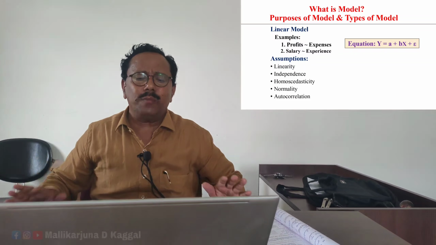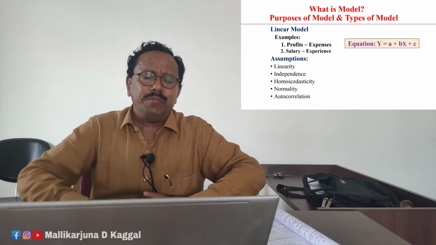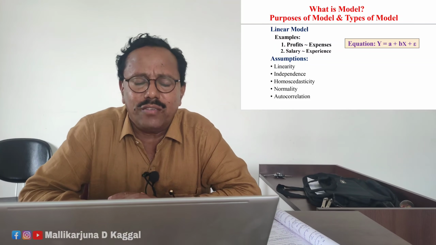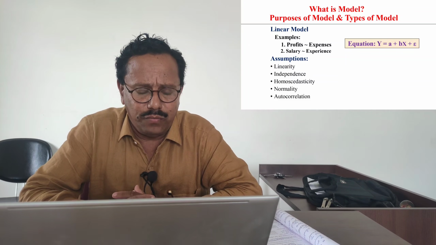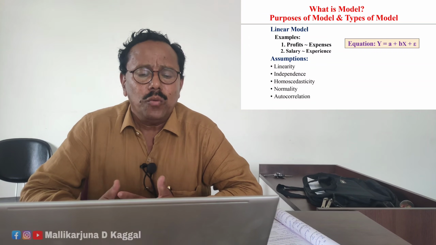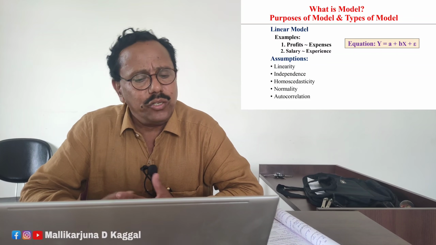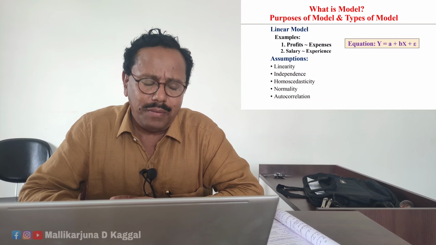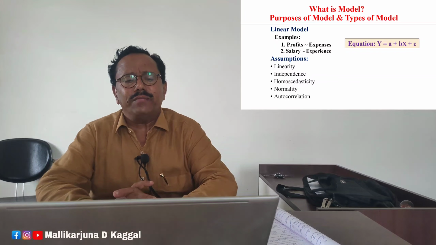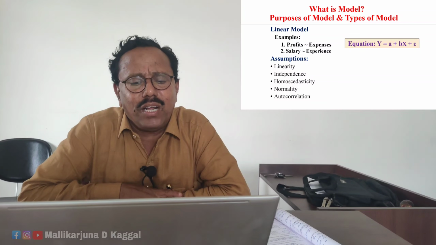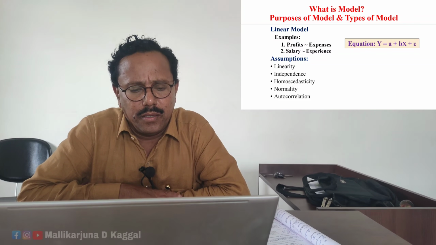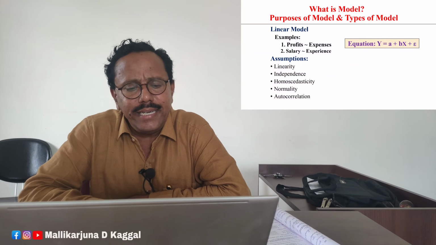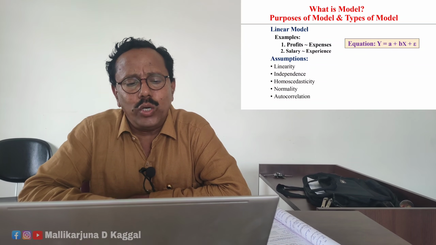It is universally accepted to accept or reject at the 5% level of significance. For more accuracy, you can even go for a 1% level of significance and test it. But by default almost all of them accept at the 5% level of significance. H0 is there is linearity, H1 is there is no linearity.